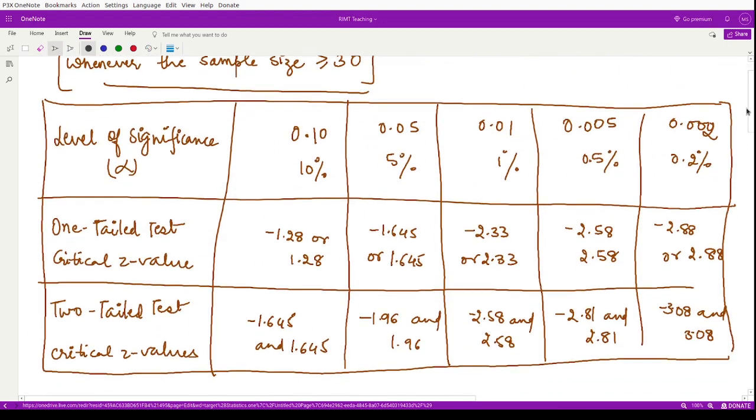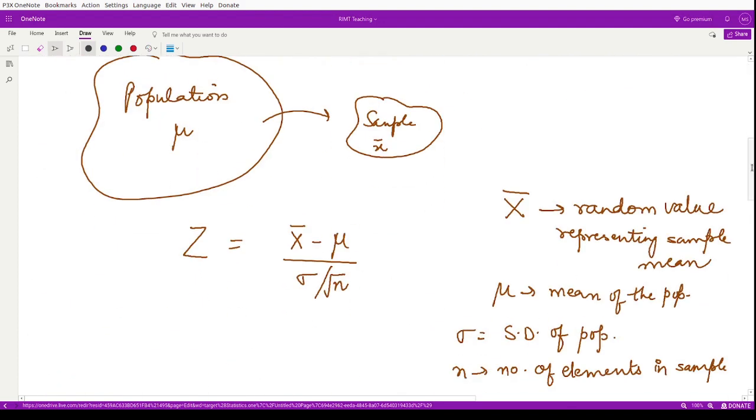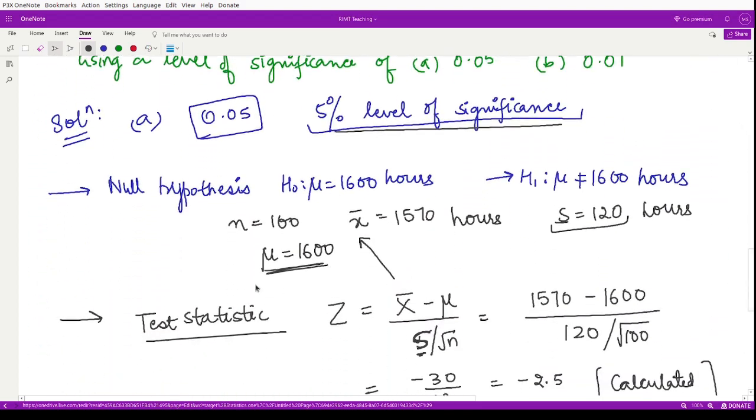Now if you notice, your hypothesis is these two. So that means this would result in a two-tail test, right? So corresponding to this two-tail test, let us see what is the value for the z variable.